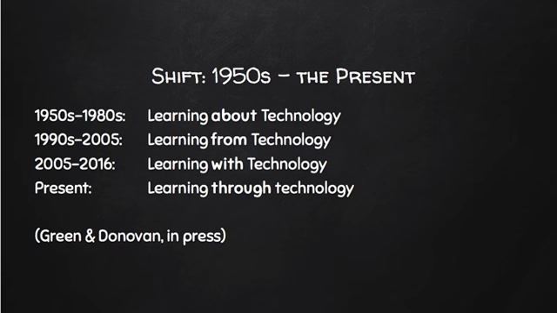There was a shift somewhere towards the end of the mid 1980s to the start of the 1990s, and really through 2005, we started learning from technology. So there was software created on computers, and students would use this software to learn from.